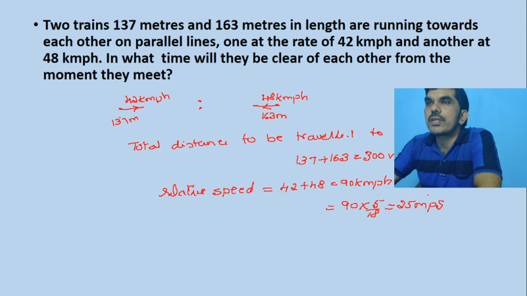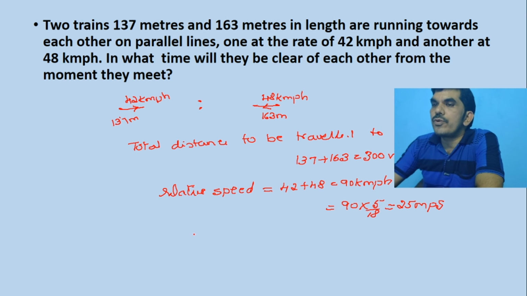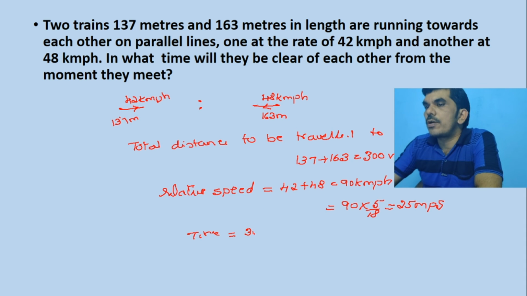25 meters per second. Now, in what time will they clear each other? So, what is the time to cross each other? Distance by speed. Distance is 300 meters and speed in mps is 25.